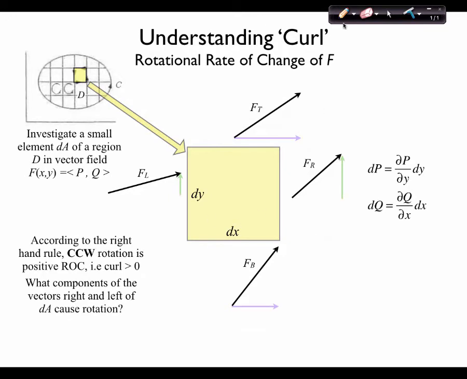So let's look at the Q's first. As X increases, I'll make it a little darker here. Does that show up better? There we go.